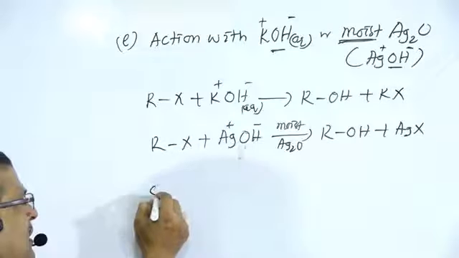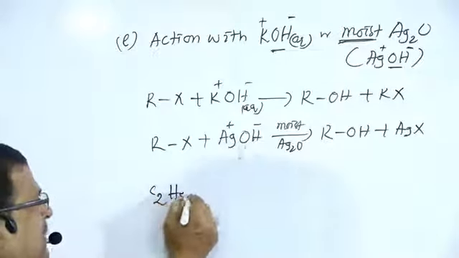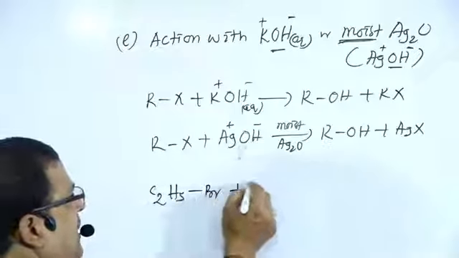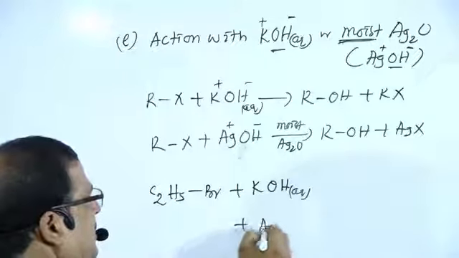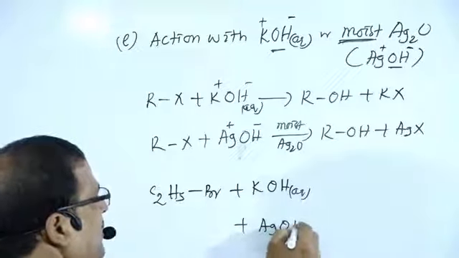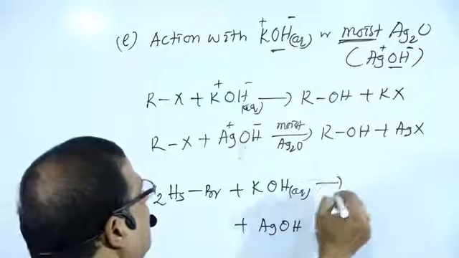For example, C2H5Br treated with KOH aqueous or moist Ag2O, AgOH, gives C2H5OH plus KBr. In the case of silver, C2H5OH plus AgBr.